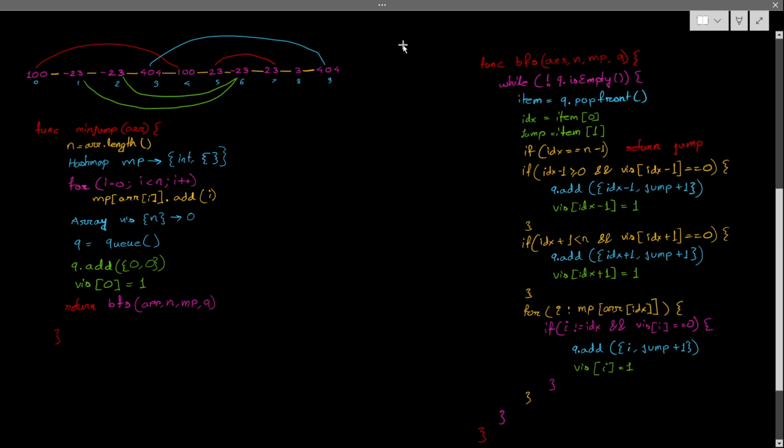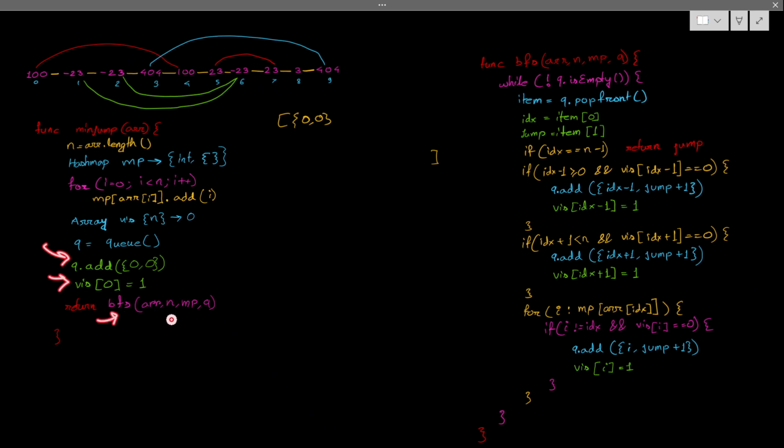So let's start. I'm calling BFS at the 0th index. So my queue becomes 0, comma 0. After adding 0, 0 and marking visited of 0 as 1, I'm calling the BFS of that index.